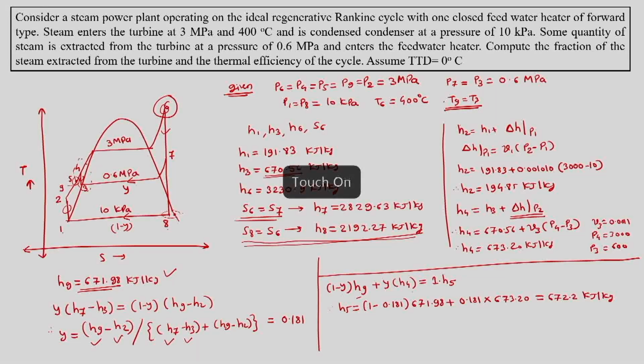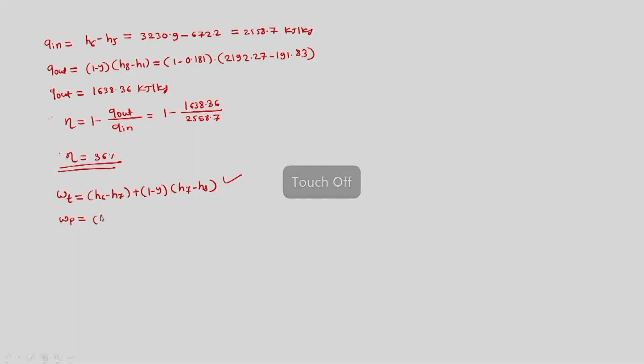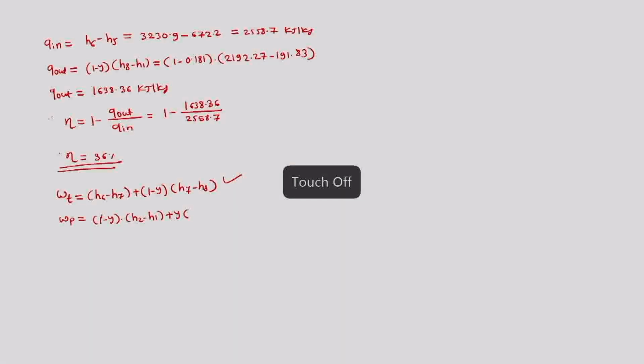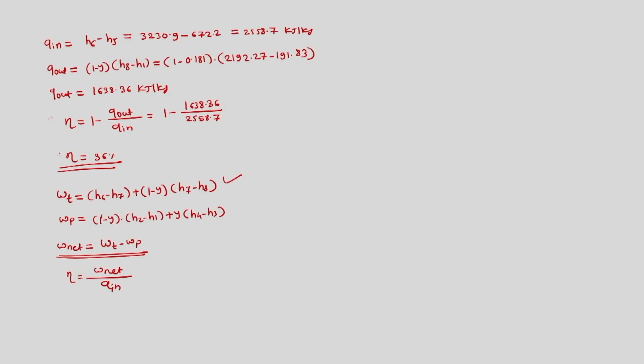Here we are handling 1 minus y into H2 minus H1 plus y into H4 minus H3. We know all enthalpies, we know y, we would have found out W net is equal to Wt minus Wp. If we divide it by Q in, we can get efficiency. So, this is how we would have found out efficiency in the present case.